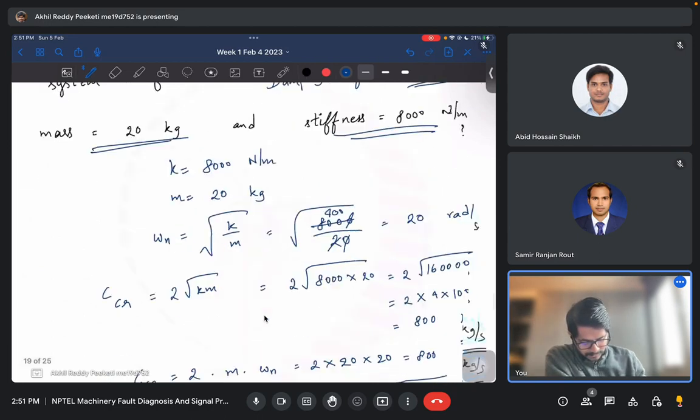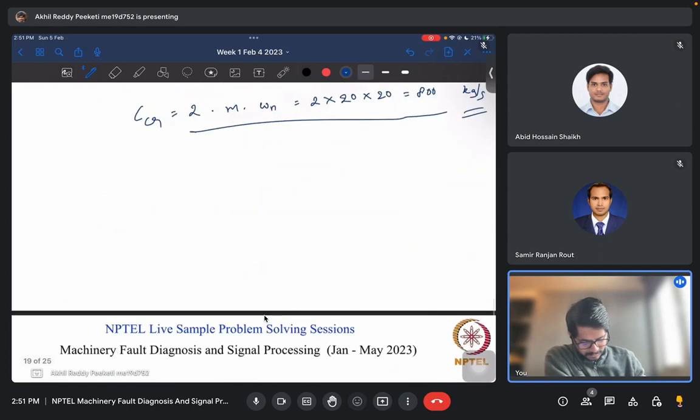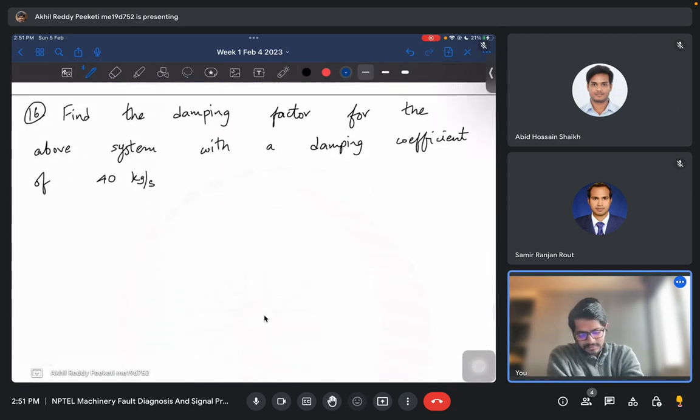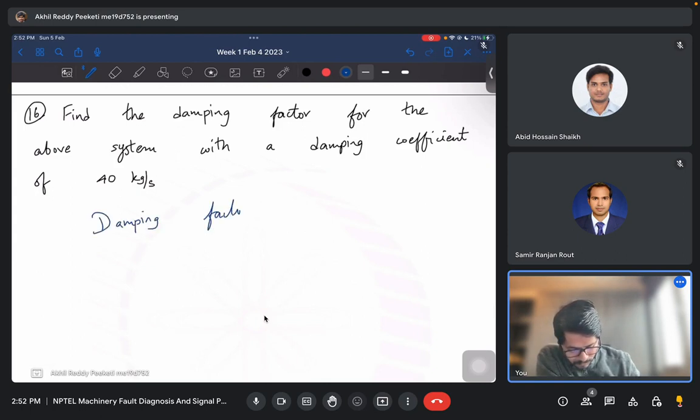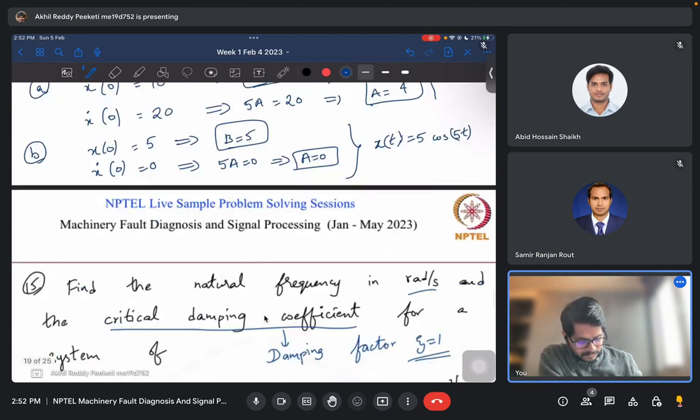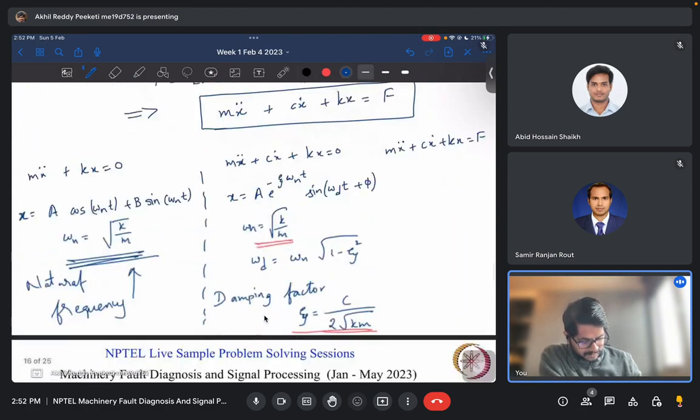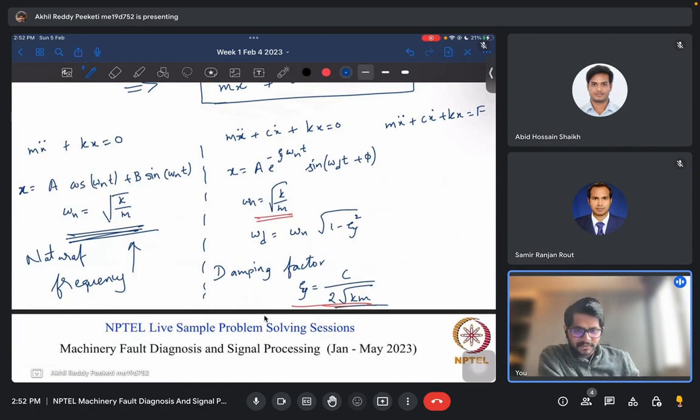Okay. So next, let's move on to the next question. Now they have asked us to find the damping factor for the above system if a damping coefficient of 40 kg per second is there. So what is damping factor? From our previous discussion, damping factor zeta is C by 2 root km.